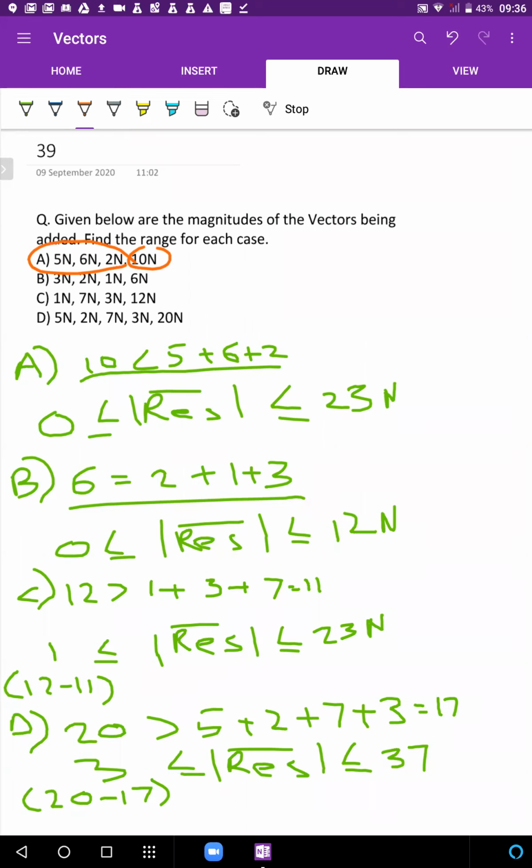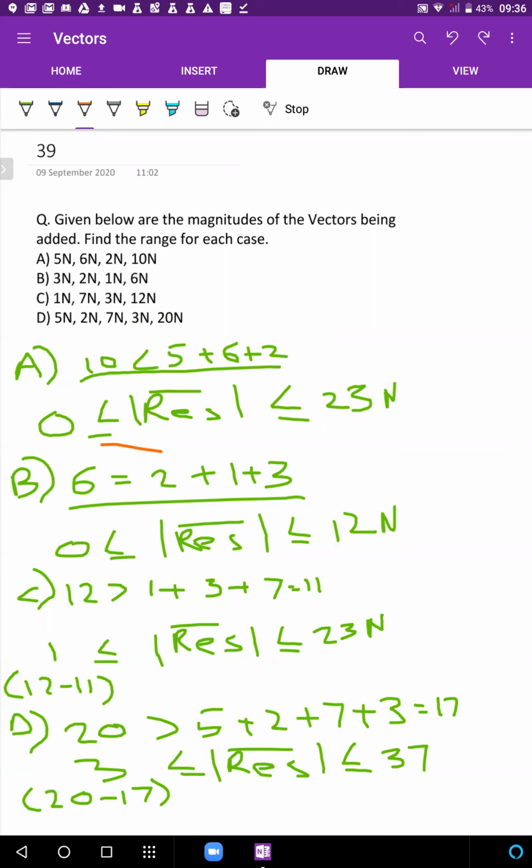Because this can reach 13, this can cancel this out. In fact, isn't this the case where resultant can be 0, largest side less than equal to sum of other sides? इसमें 0 resultant possible है. 10 is less than 5 plus 6 plus 2, 0 possible है. So 0 is our minimum. Don't go below 0.